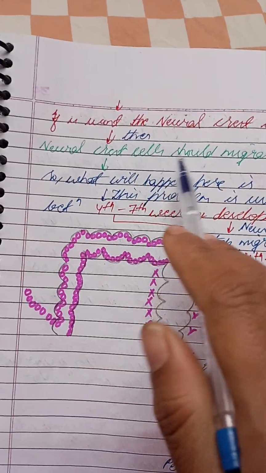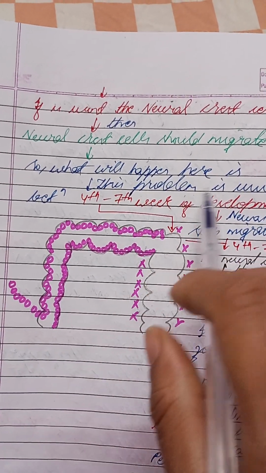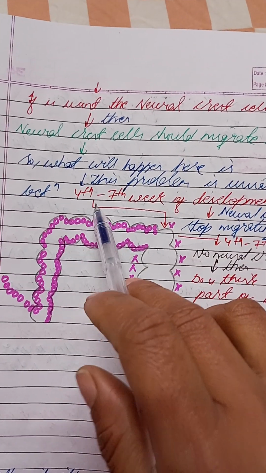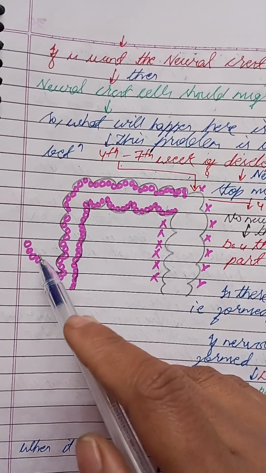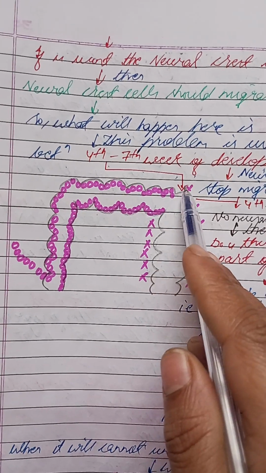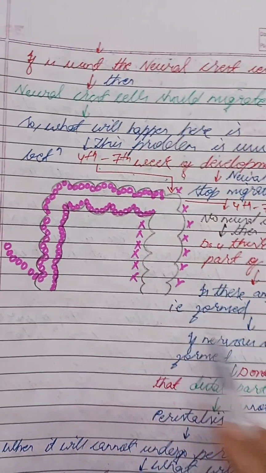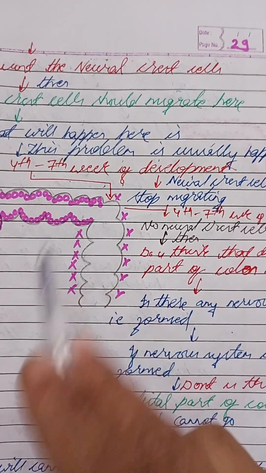And for that, the neural crest cells should migrate here. This problem usually happens between the 4th to 7th week of development. The neural crest cells are migrating, and during the 4th to 7th week of development, they stop migrating.